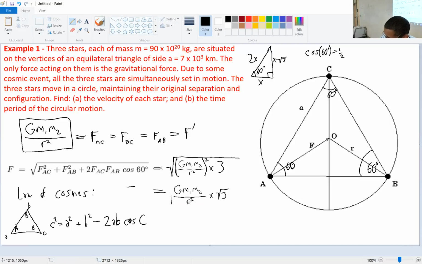And by the way, I forgot to do this, but the R in this case is A. That's how he labels it in the diagram. Let me see. What is that? Law of cosines? Yes. Okay. Let me erase that.